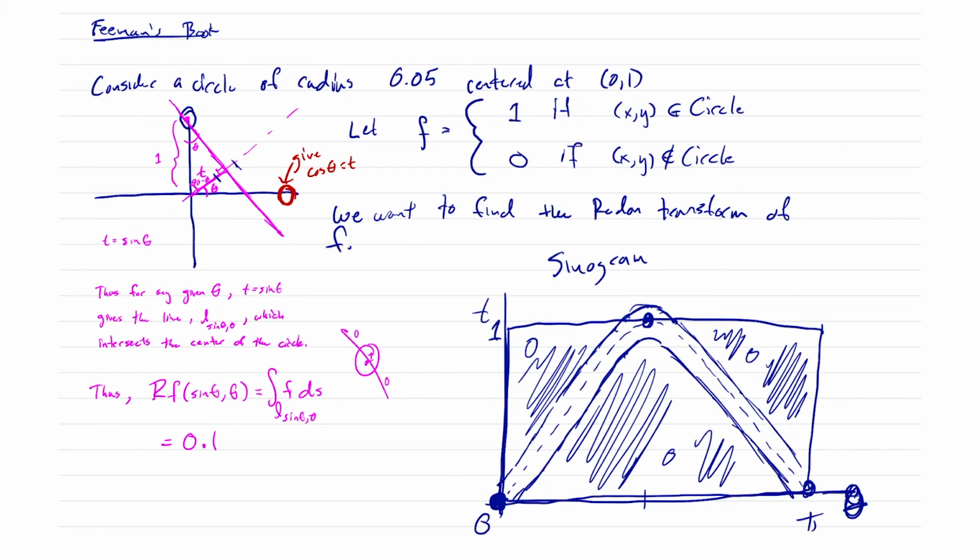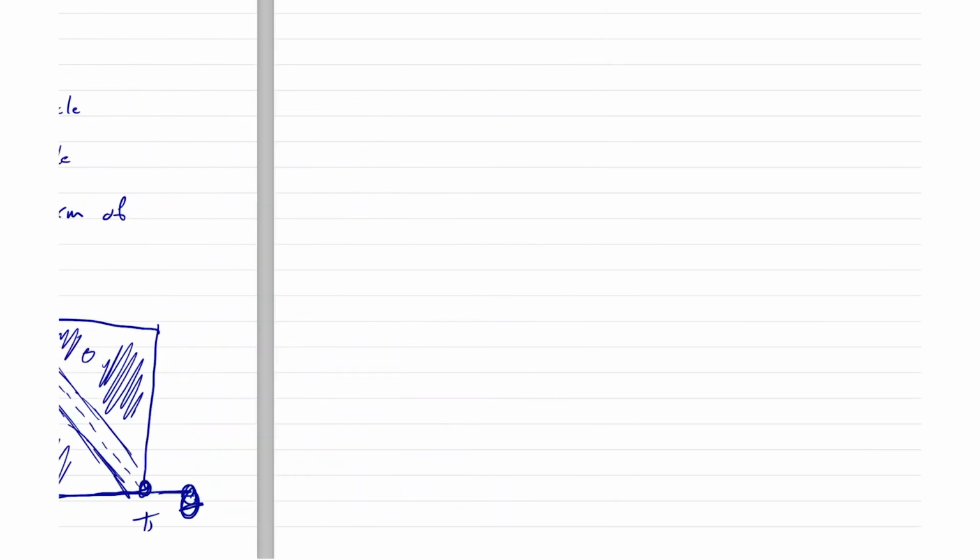And so that is our first little example. We see that if we have a circle, it's going to show up like a little sine or cosine or something like that in our graph. Okay. Cool. So let's see.